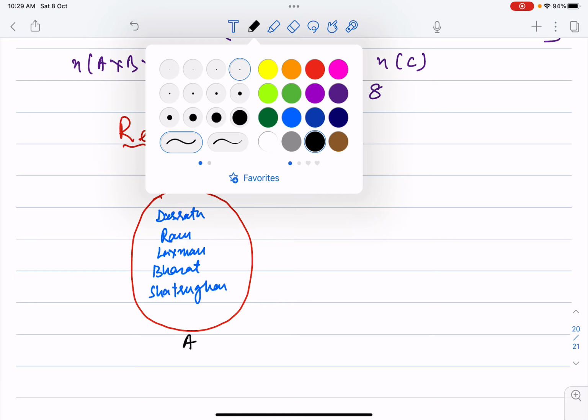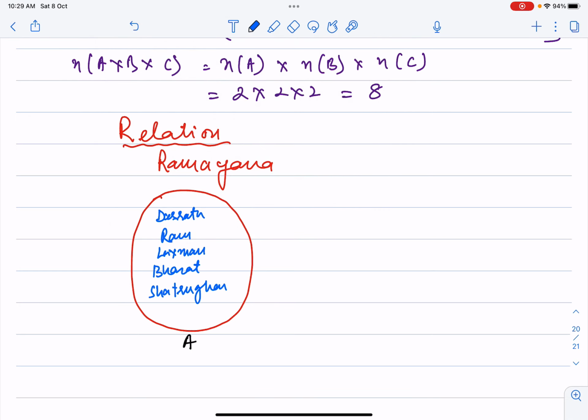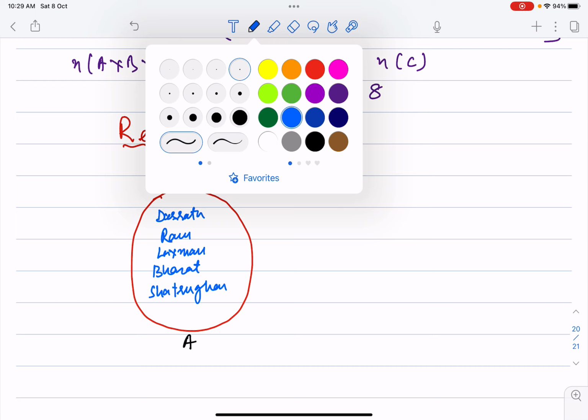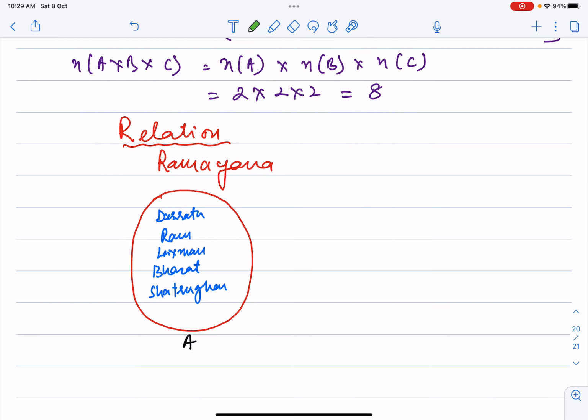And there is another set in which the names of their wives are written. Dashrath had 3 wives: Kaushalya, Kekai, Sumitra. Those who have read Ramayana might know all this. Then Sita.